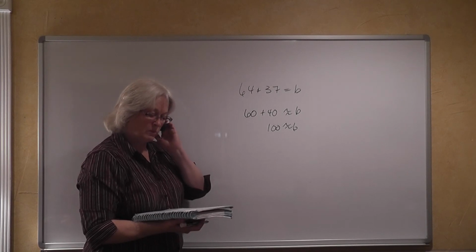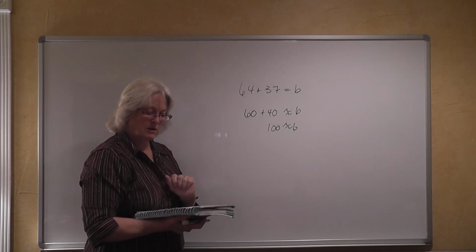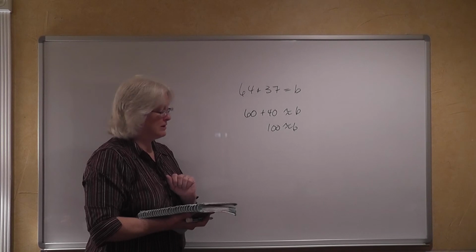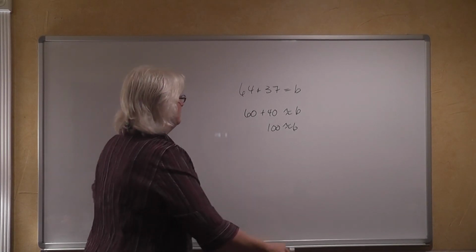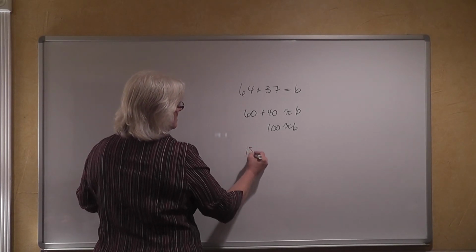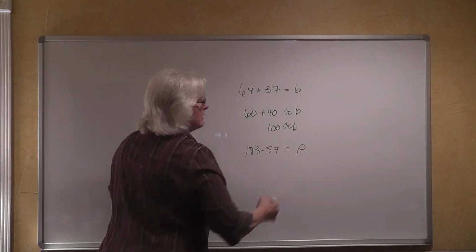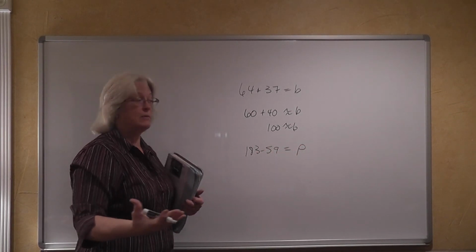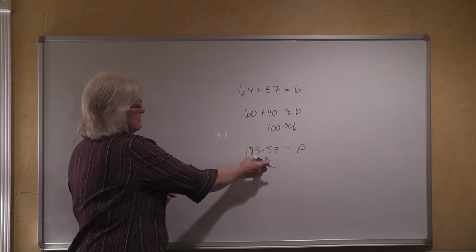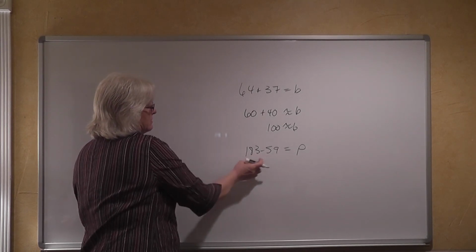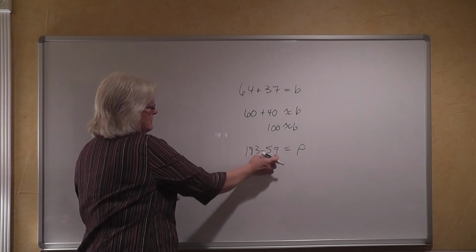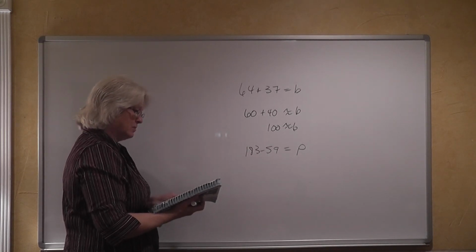Now we have one where we are subtracting: 183 minus 59. This is going to work the same way. We're going to estimate the value of each of these.